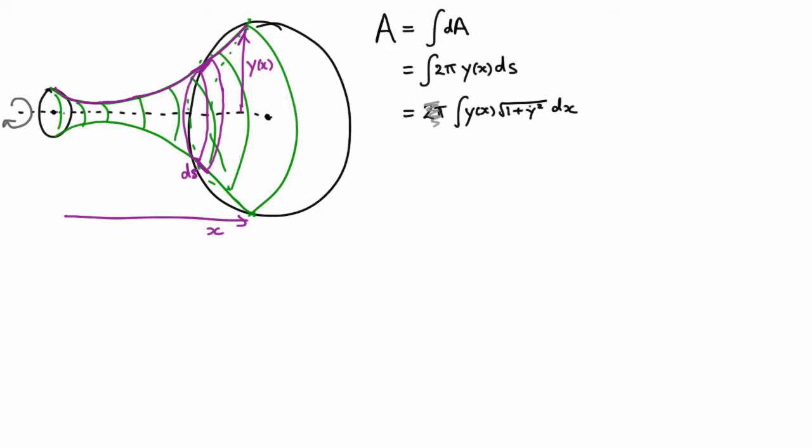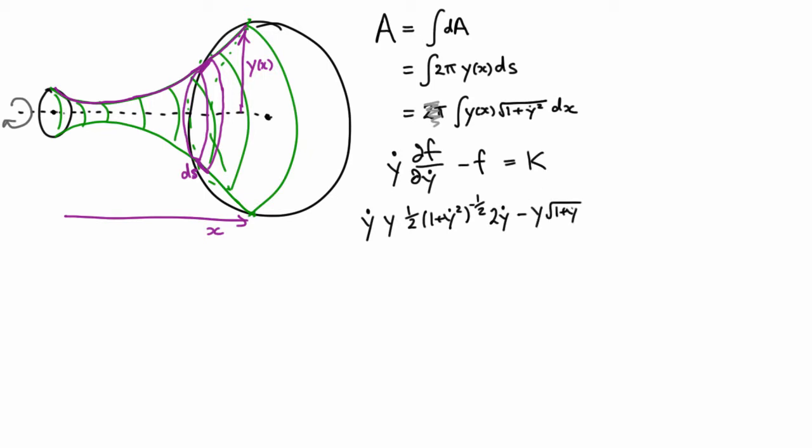Now we can solve this using the Euler-Lagrange equation, or we could use the Beltrami identity, because this again does not depend on x explicitly. The Beltrami identity is that y dot times the partial derivative of f with respect to y dot, minus f, is some kind of constant, and we can calculate that. We've got y of x, and this derivative with respect to y dot, a half, chain rule, we've got a 2y dot popping out of that, minus our f, equals k.